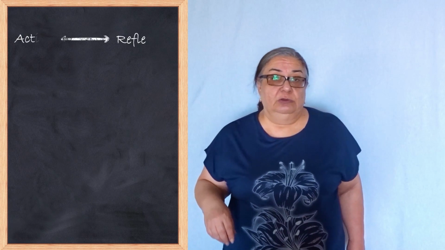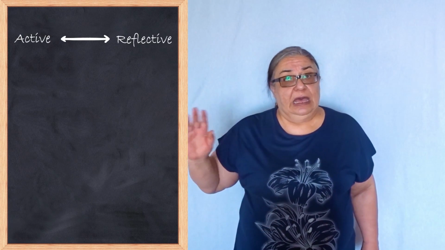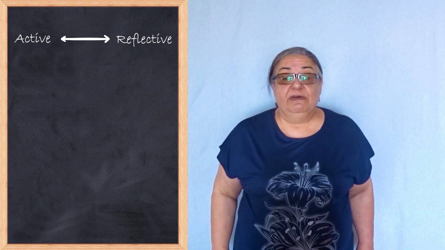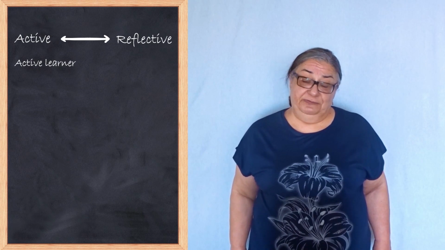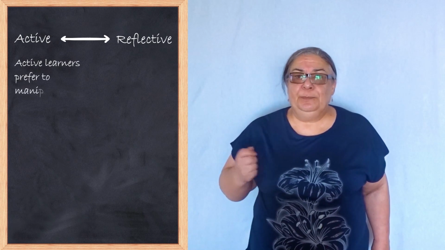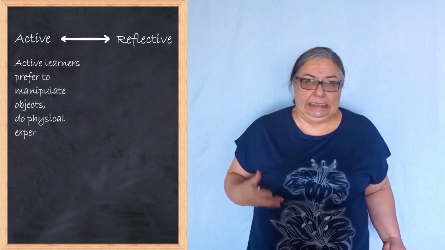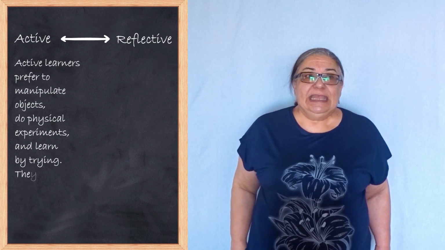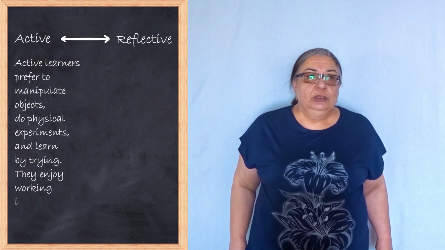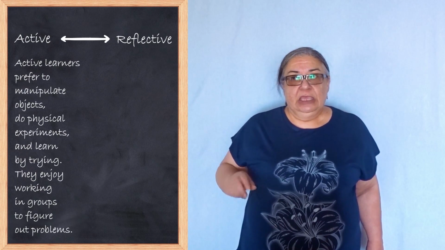The third continuum is, at one end we have active, and at the other we have reflective. Active learners prefer to manipulate objects, do physical experiments, and learn by trying. They enjoy working in groups to figure out problems.